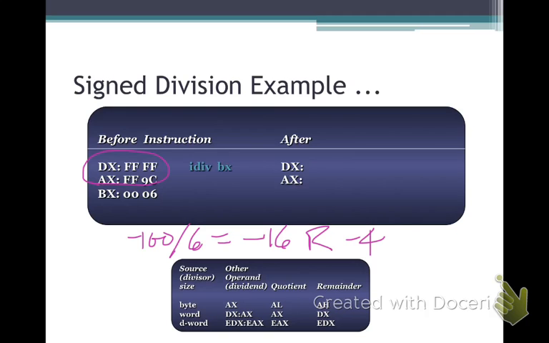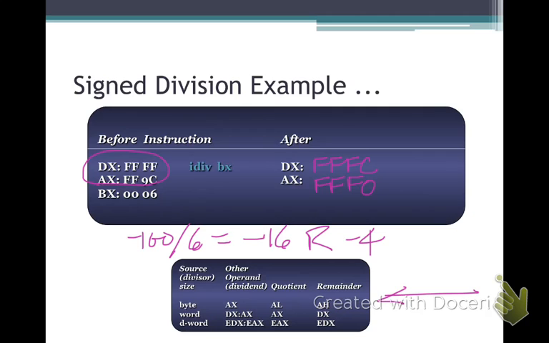Okay, -4 is what's going to go in DX, and -4 is FFFC. And then my quotient will go in AX. -16 is FFF0. Okay? This down here, by the way, is just our reminder of where all the pieces go.